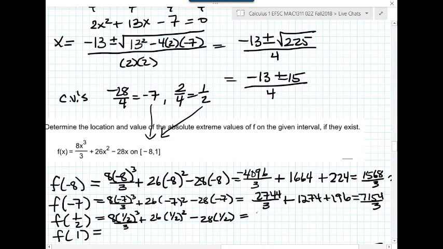So we have 1274 plus 196 plus 2744 over 3, which is 2384 2/3.